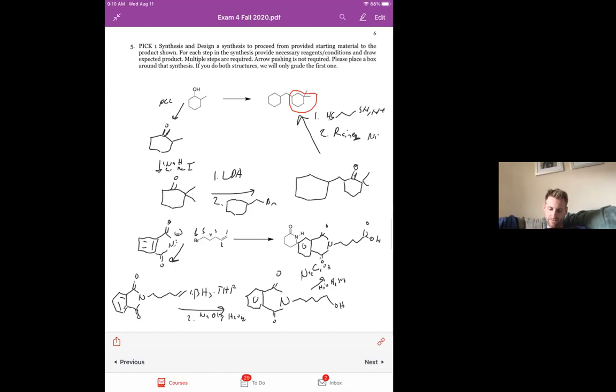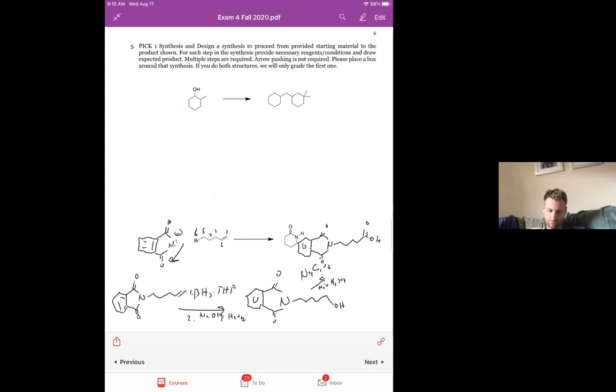Probably get rid of the phthalimide at this point. And then if you throw in SOCl2, it's going to make that into an acid chloride, and then just close. So it'll get you to your final product.